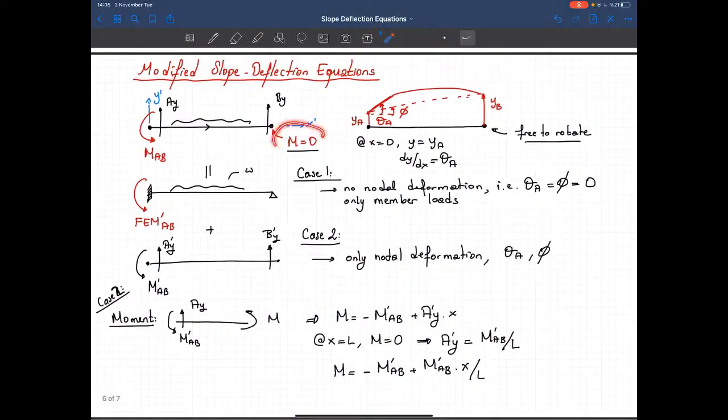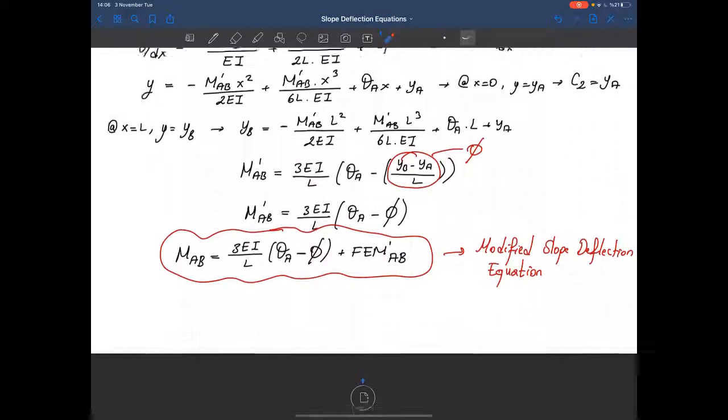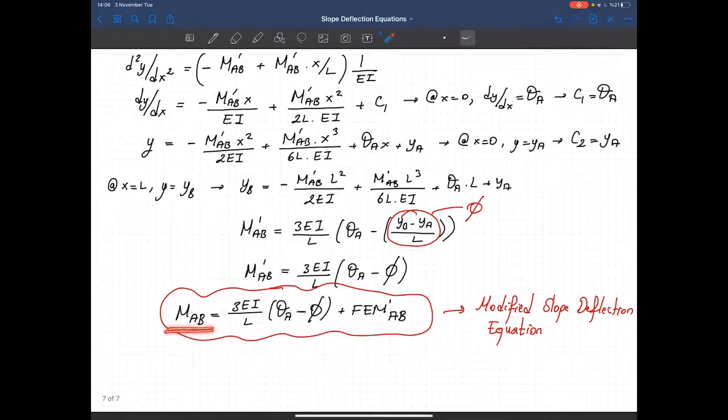Okay. Now in the derivation of the modified equation, I have an additional information here. Moment is equal to 0. So I consider it as my boundary condition, a force boundary condition. So I use it at this point. This is the first boundary condition that I use. Second boundary condition, third boundary condition, and fourth boundary condition. And at the end of the day, I obtain a moment equation that depends on only two displacement parameters.